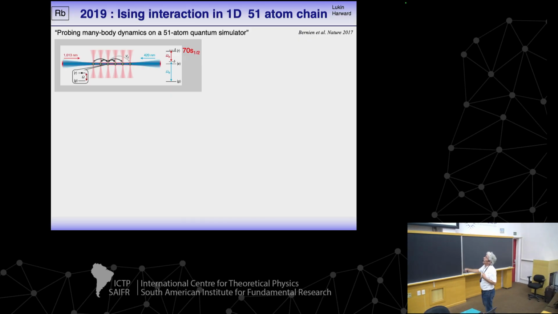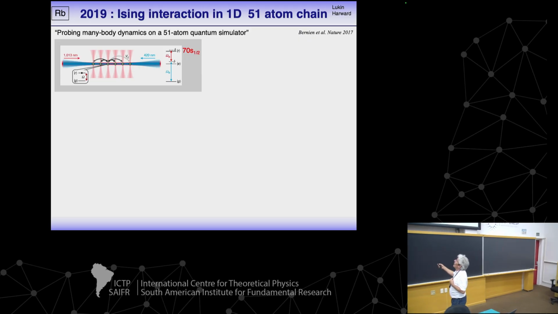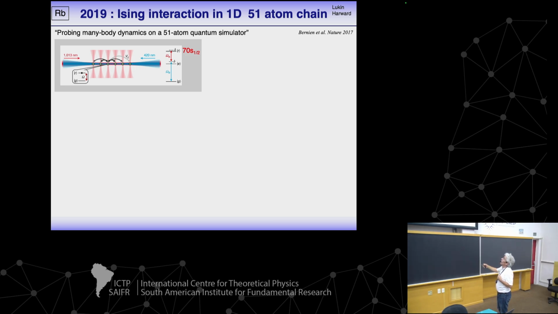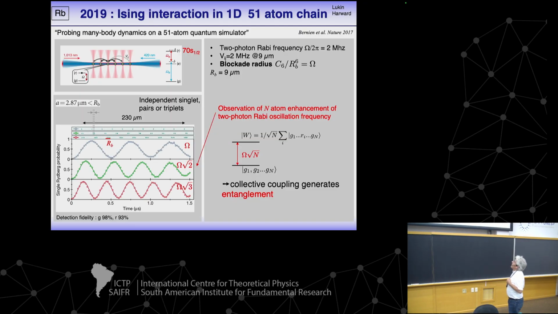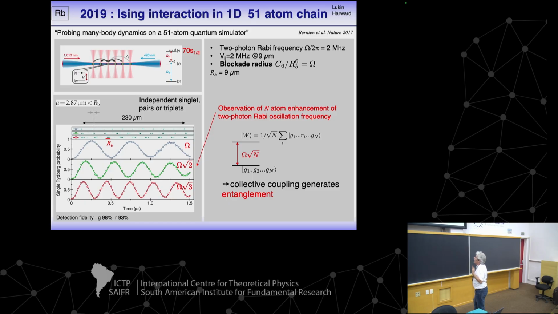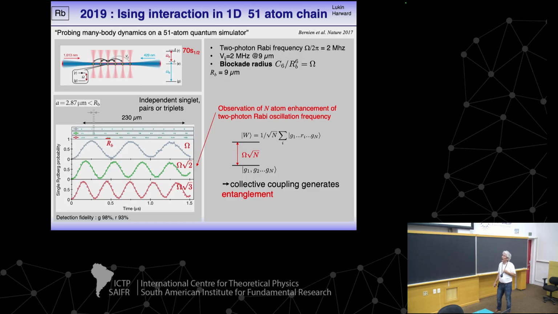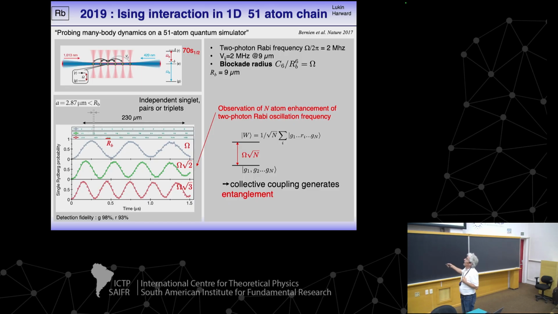So let's assume that they have prepared this chain with exactly one atom per tweezer, and they send a focused pair of excitation lasers along the axis of the tweezer to perform the excitation to the Rydberg level, which was chosen to be the 70S Rydberg level. And then they observed a very nice feature of the dipole blockade phenomenon by performing Rabi oscillations in this system for different numbers of atoms in small clusters they can prepare in the chain.